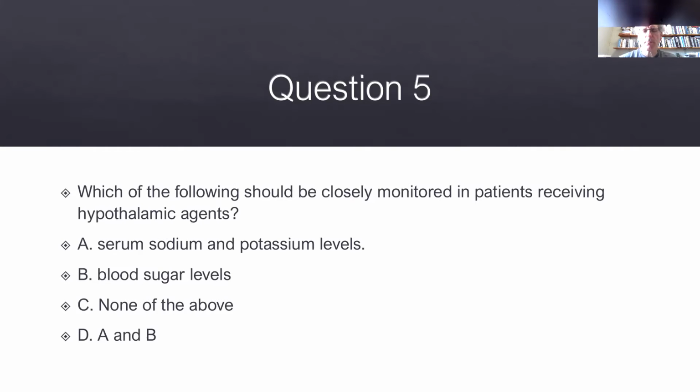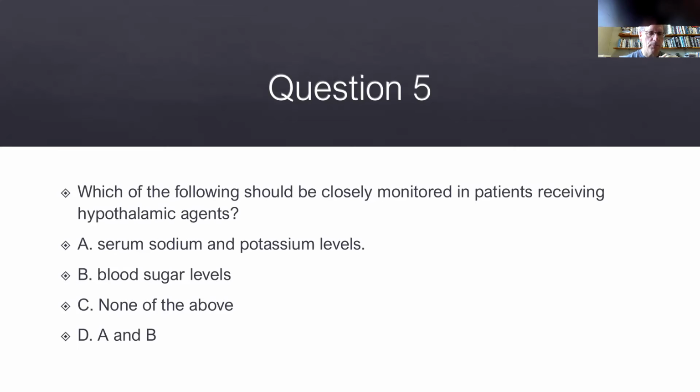Last question. Which of the following should be closely monitored in patients receiving hypothalamic agents? A, serum sodium and potassium levels. B, blood sugar levels. C, none of the above.